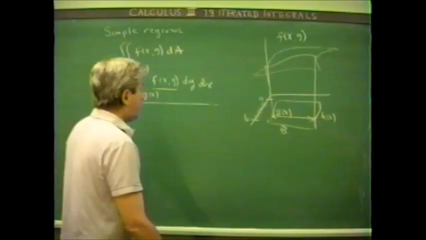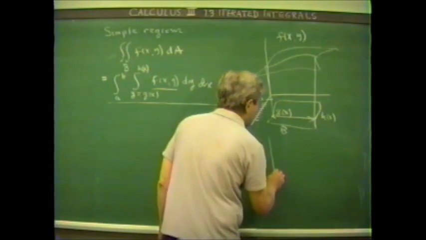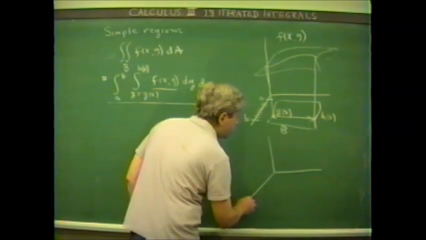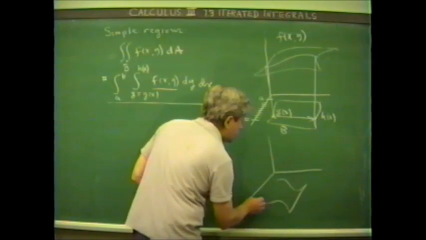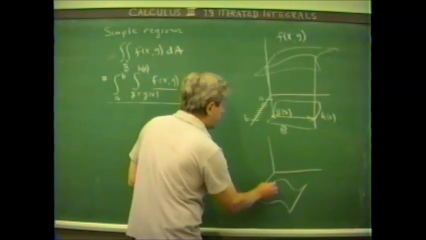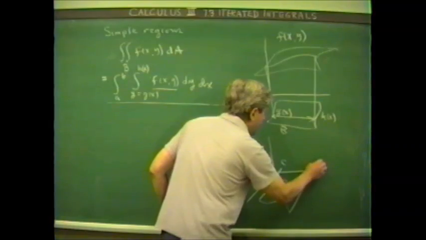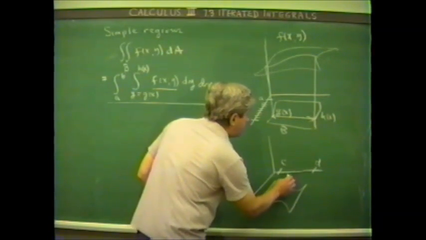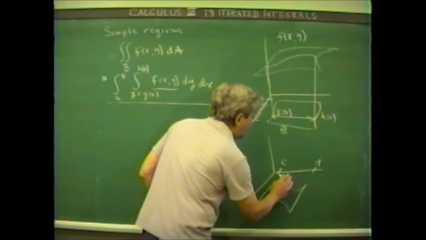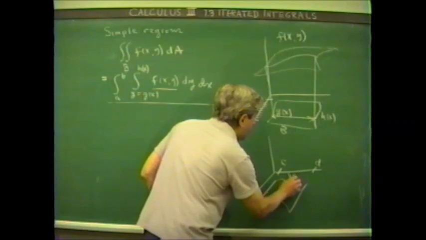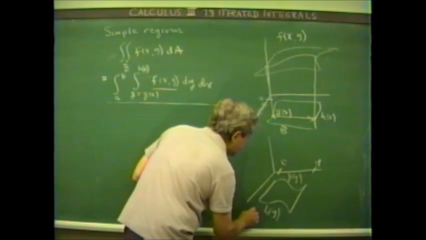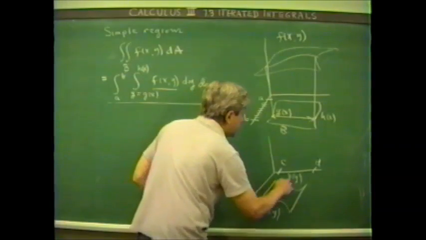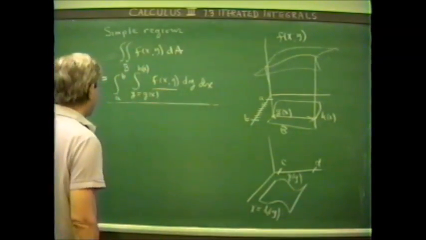The second possibility is that you have a region which is simple in the other direction, say something like this, where this goes between c and d, and this perhaps is g of y, and the larger function is h of y, so x equals h of y is this, x equals g of y is that one.